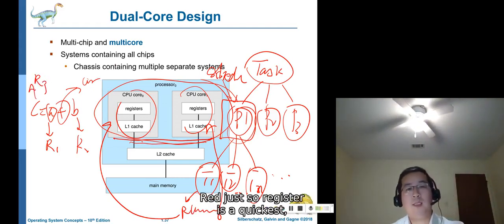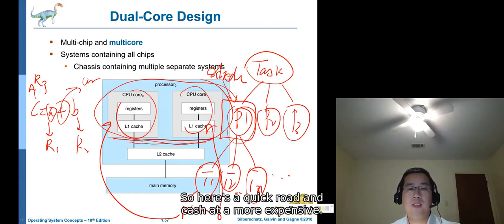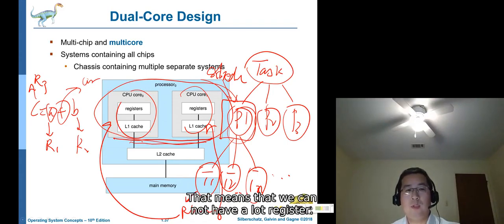So the register is the quickest resource here. It's quicker than cache, but more expensive. So that means we cannot have a lot of registers. That's why we have different levels of storage.